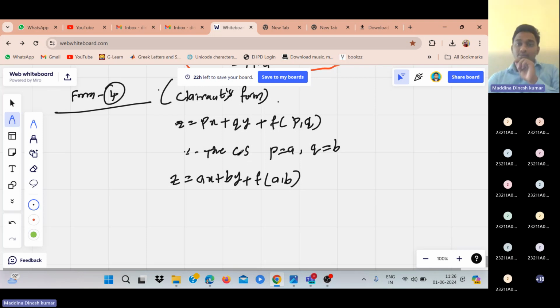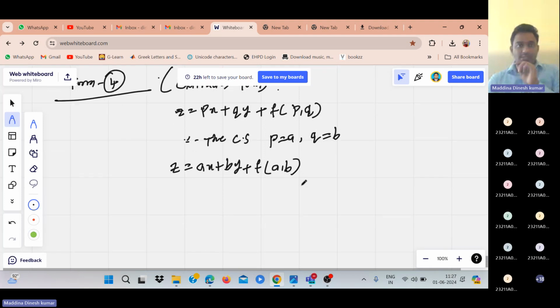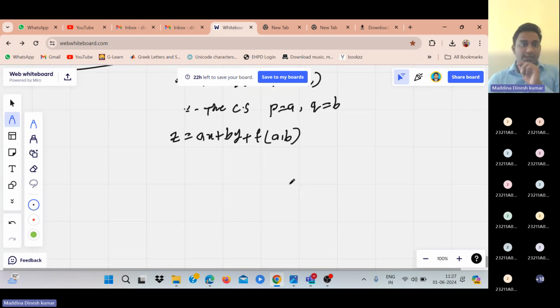Then in place of P we have to put A, in place of Q we have to write B. That's our required solution. That's it. Okay. I will discuss some problems. You'll get clarity.